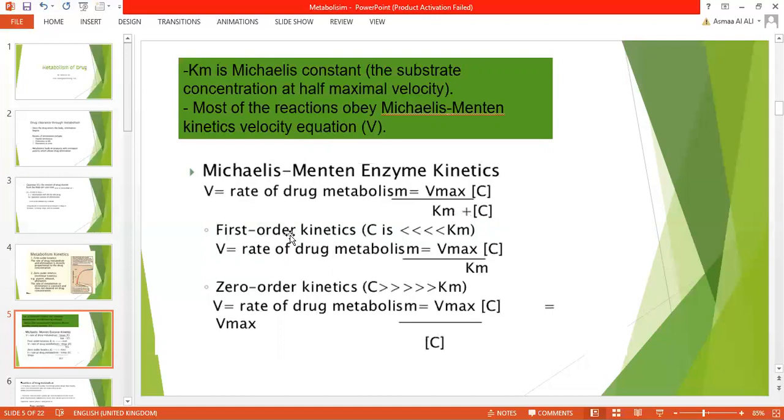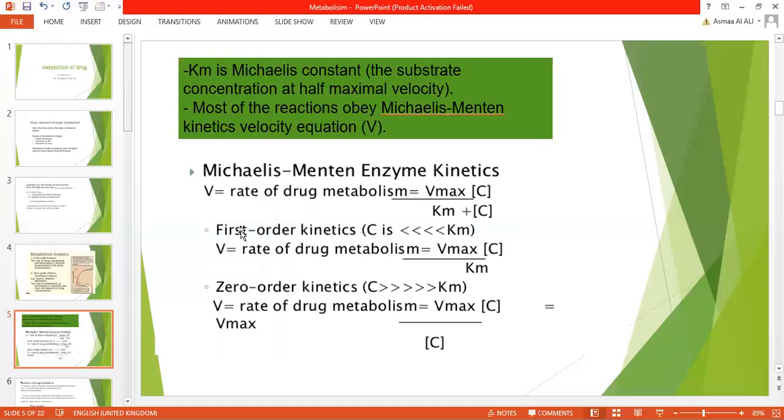In first order kinetics, usually the concentration of drug is smaller than the Michaelis constant. So for first order kinetics, V, the rate of drug metabolism, is equal to Vmax times concentration divided by the Michaelis constant, which is the substrate concentration at half maximum velocity.